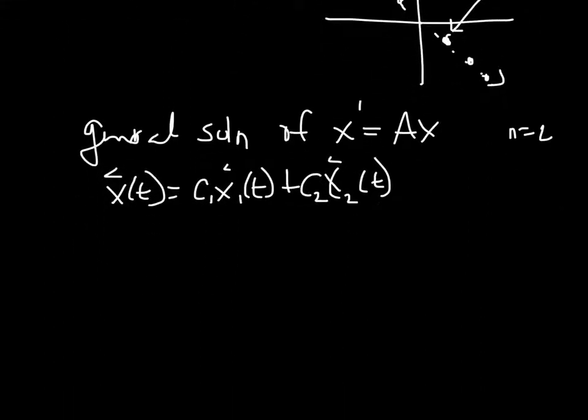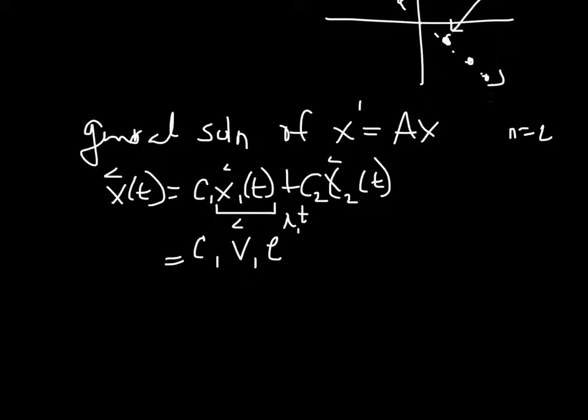From here, we have c1. But what's my x1? From theorem 1, our x of t is v e to the lambda t. So I'm going to write v e to the lambda t, where obviously this lambda is associated with this vector.